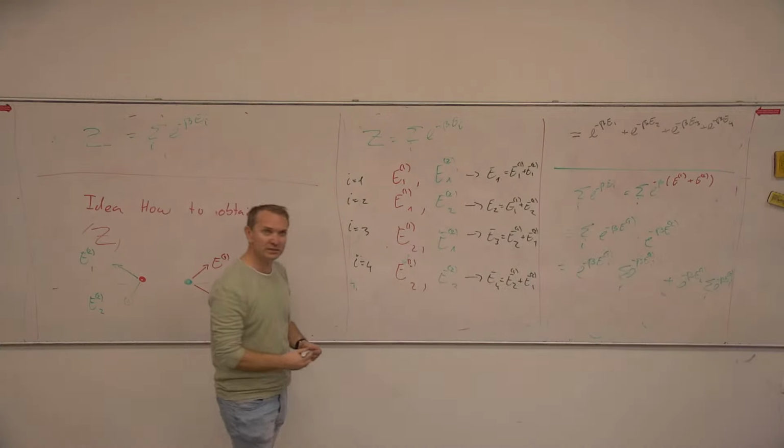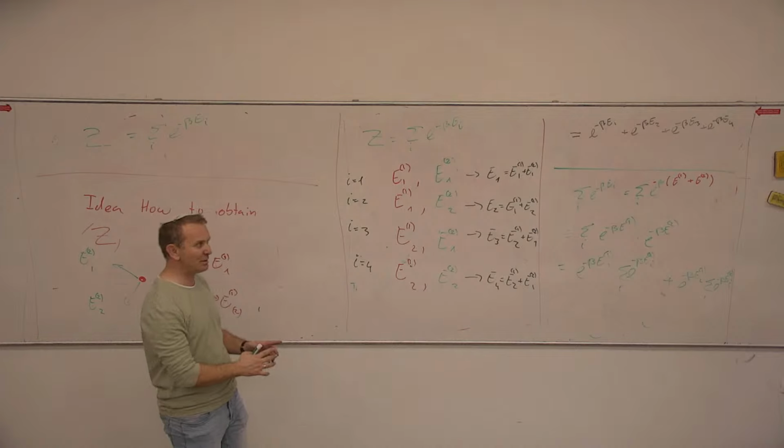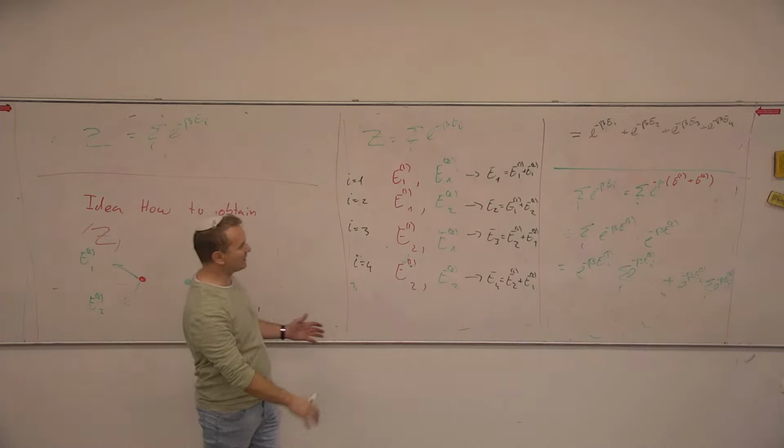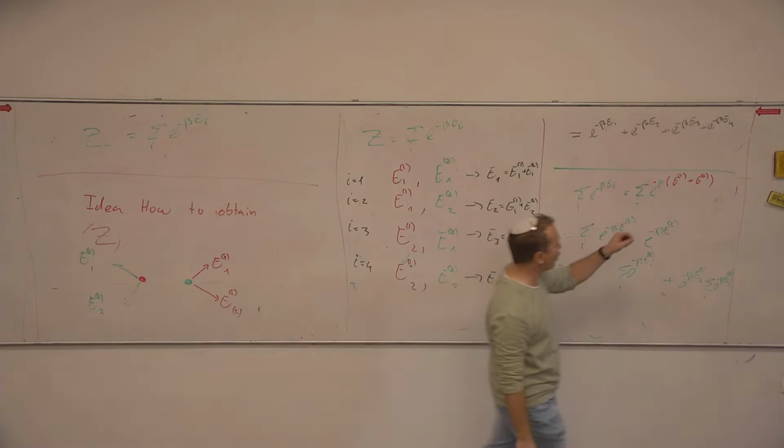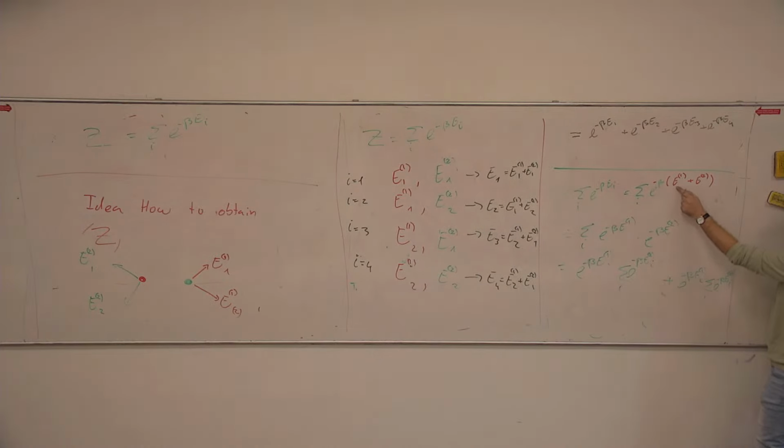Right? I can do this. I can resum. Instead of summing over everything together, I'm summing up first over all the possible values of E1, and I will sum up over all the different values of E2 later. So basically, you're going to write a partition function for each particle.